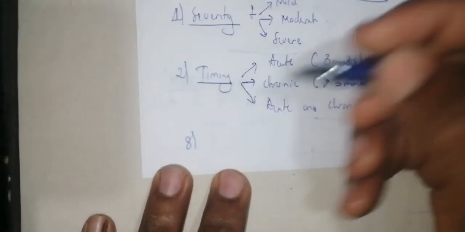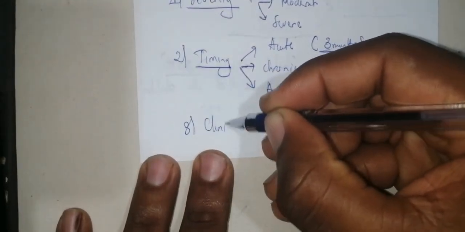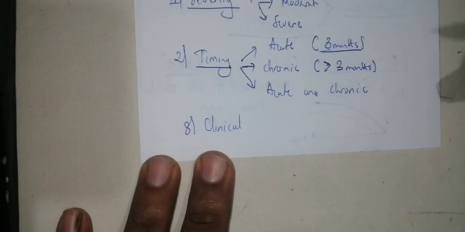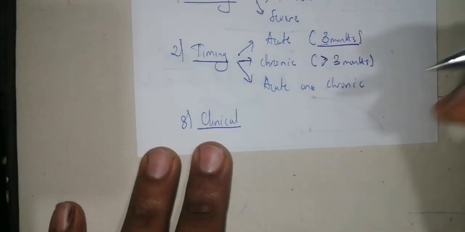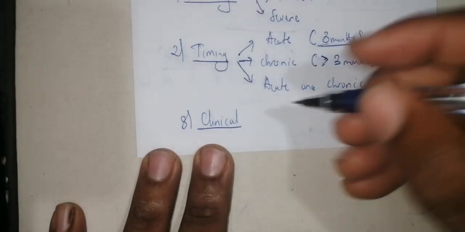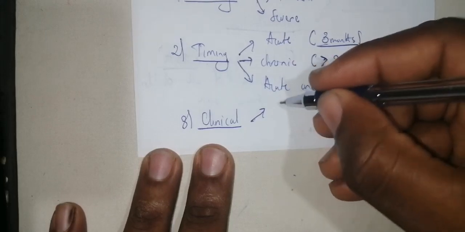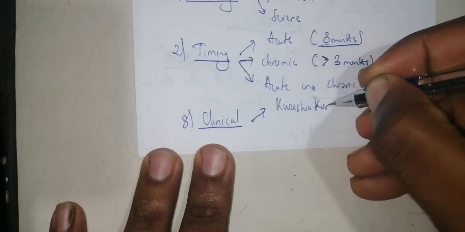The third classification of malnutrition is based on the clinical features that we see. Basically, you have the clinical classification of malnutrition. Here it is classified into, one, kwashiorkor.